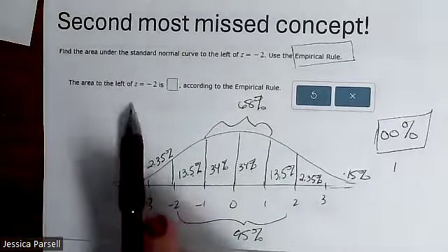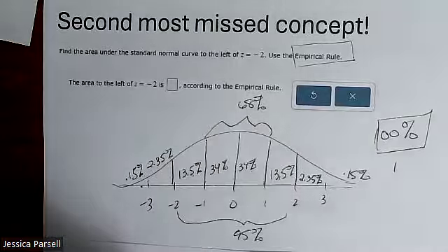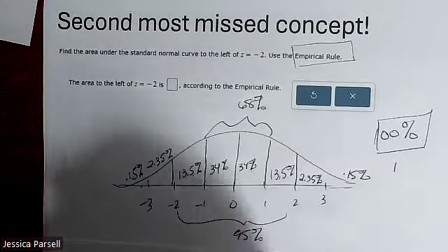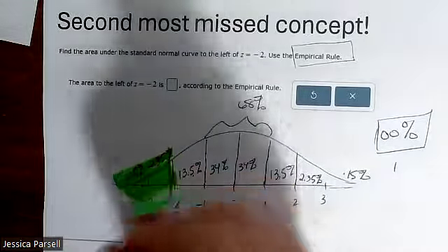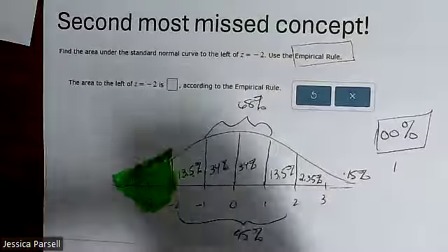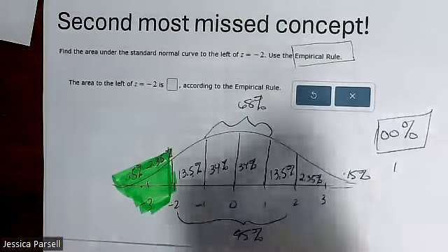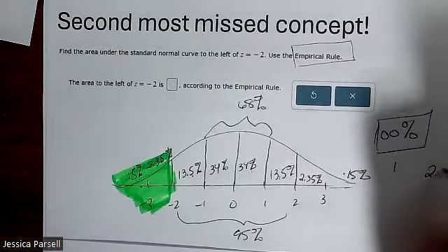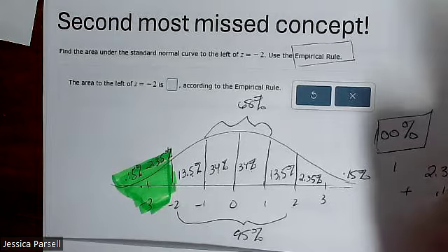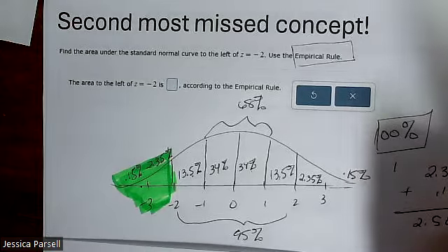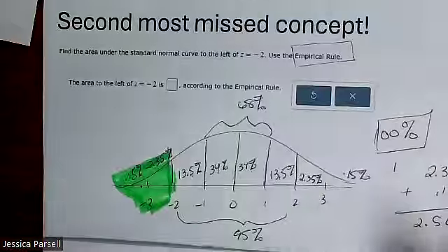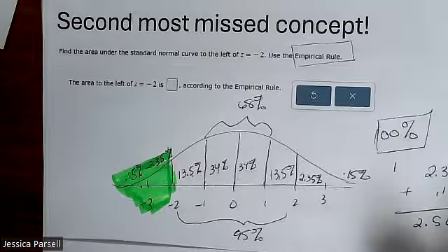Okay, they want to the left of -2. Okay, let's shade that. So they want 2.35% plus 0.15%. Now, that's going to be the same as the last problem that we just worked on. But here's the difference.